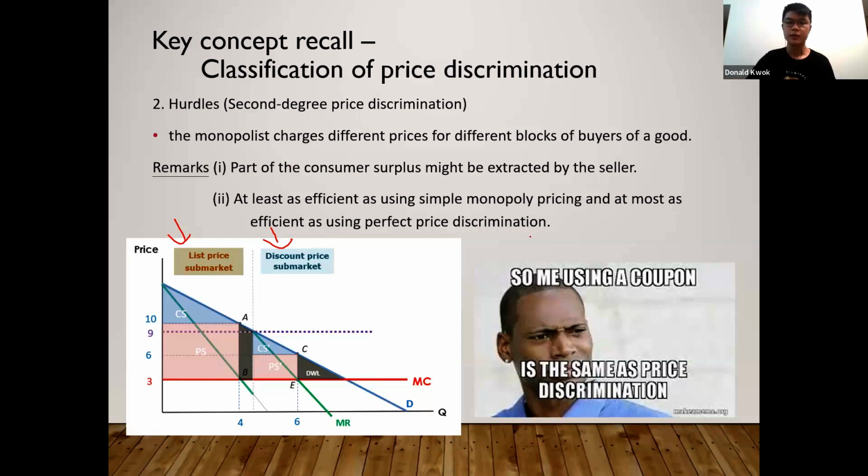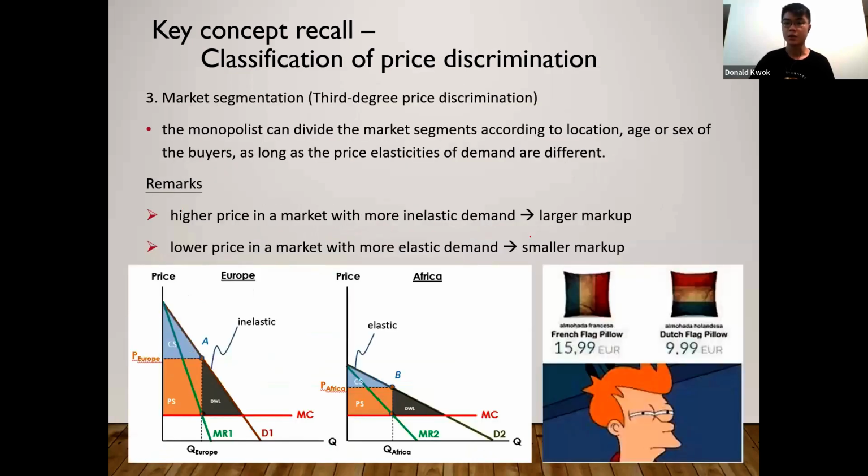Right, so the third type would be market segmentation, or we say third-degree price discrimination. The firm is dividing market segments according to different characteristics of the consumers. A simple example would be transportation. Children will be paying a lower price than adults, although the cost of serving these consumers will be the same.